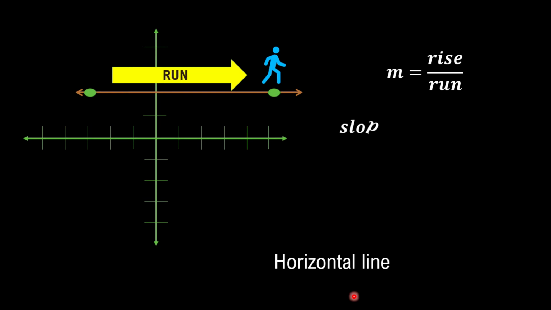So, kung i-analyze natin yung slope ng ating line, we have zero rise, although we have any count for our run, and 0 divided by any number is actually 0. So again, if the slope is 0, the line is a horizontal line. And also, if the line is horizontal, the slope is 0.